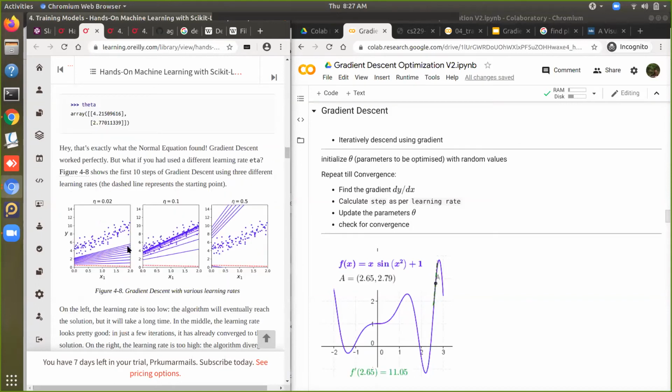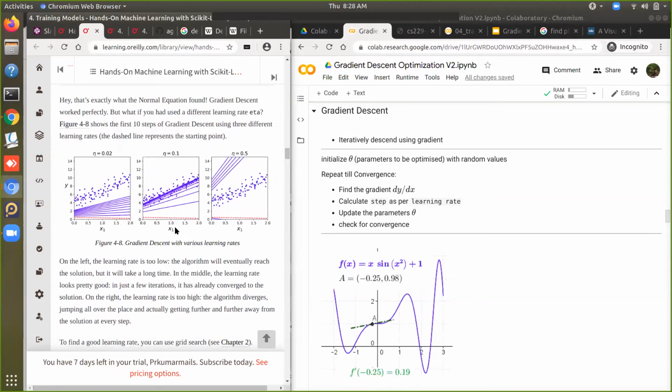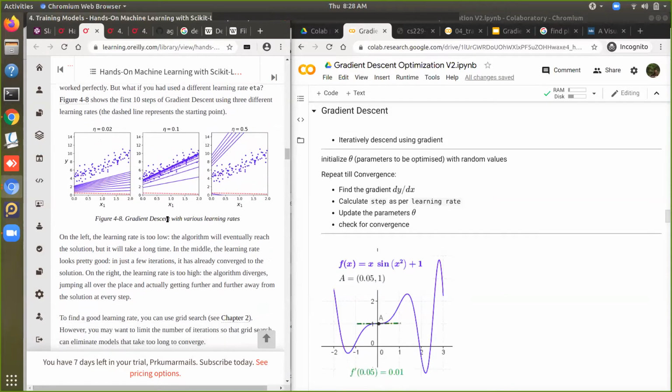So 1000 times it has learned like this. If you put eta equal to 0.01, the learning varies like this. If you put eta equal to 0.5, it is going upwards. This is how the learning rate impacts gradient descent.